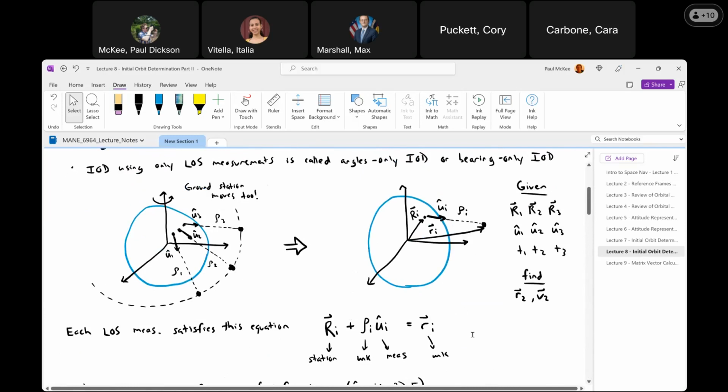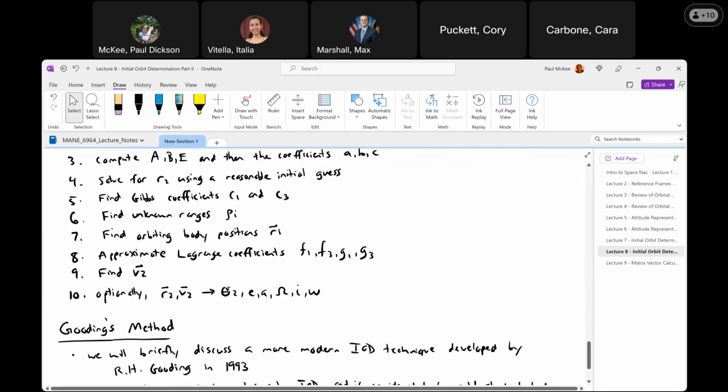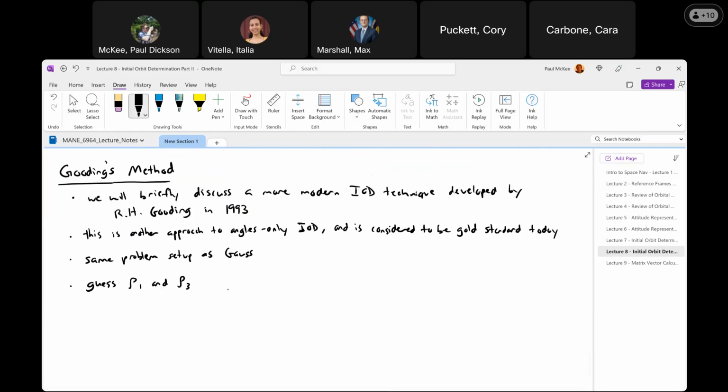And if you know R1 and R3 and you have the time between them, aren't we back to Lambert's problem, essentially? So you guess row 1 and row 3, you know that you're wrong, and then you can solve Lambert's problem.